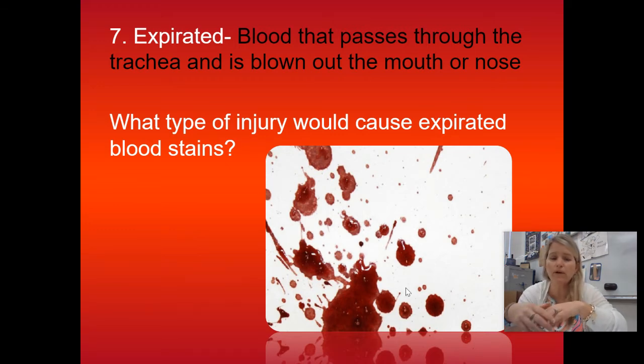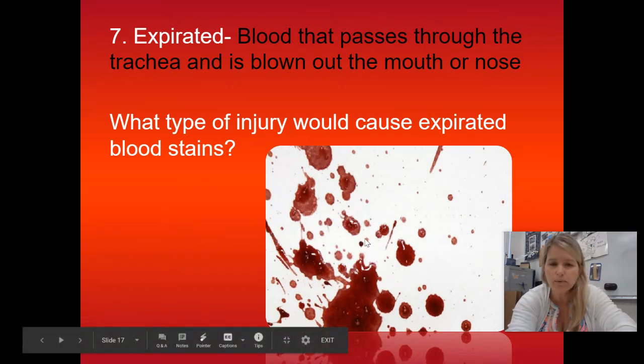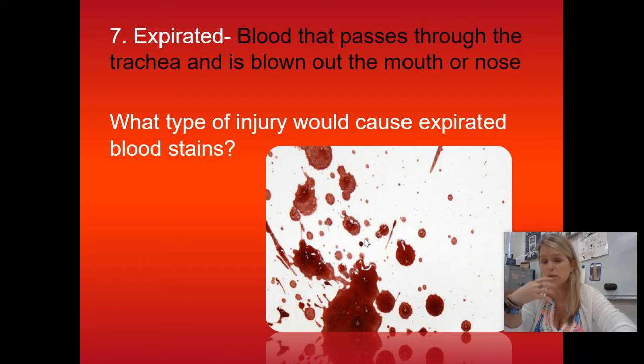Expirated blood is very specific. If you look at this picture, and it's kind of hard to see, expirated blood means if you sneeze or cough while you're bleeding. It's like if you had tuberculosis and you're bleeding and you cough and get blood on your tissue. The blood would be a mixture of saliva and maybe phlegm, right? Snot.